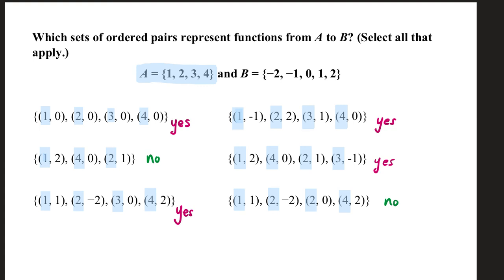Bottom left, 1, 2, 3, 4, all of the inputs are used and only once, so yes. And then bottom right, that set of ordered pairs, 1, 2, 2, 4. So first, we didn't use 3, that's a violation, but we also used 2 more than once, so that's really not a function from A to B.